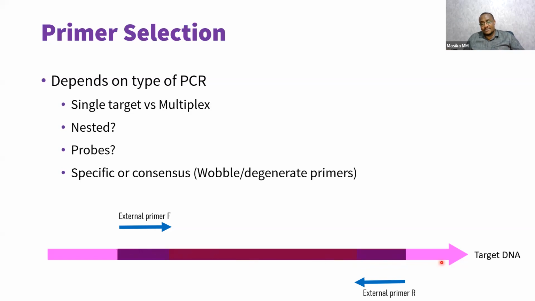You get the amplified product, and then run it again in another PCR, and now the next PCR will also have 2 primers. One from this side is the forward, and then another one reverse. So this primer will be called nested because it's within the sequence generated from the first primer. You may hear, as you read nested primers, this is what they mean.